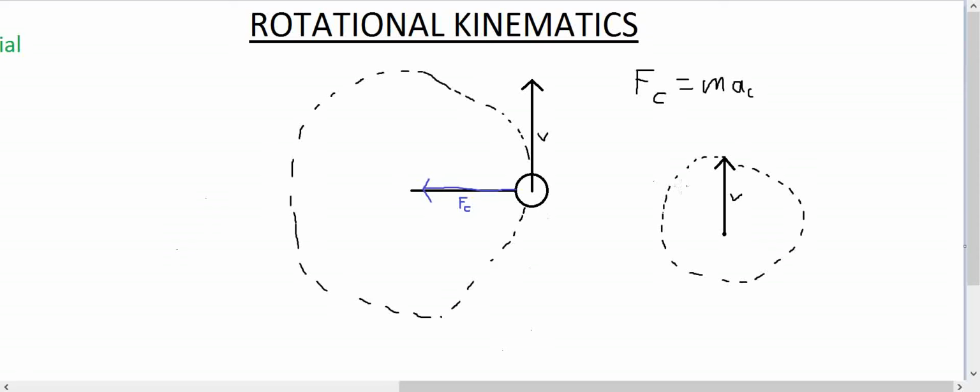If the velocity vector is pointing in this direction, then it will be like this, and so on. So when the ball is here, the velocity vector is pointing like this. When the ball is here, the velocity vector points like this.